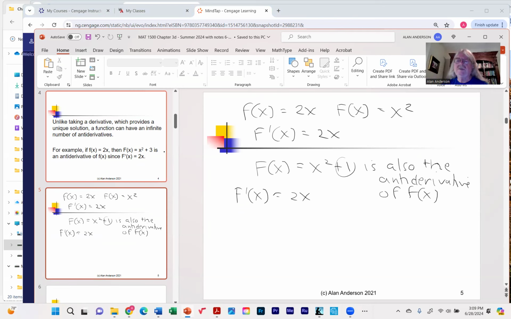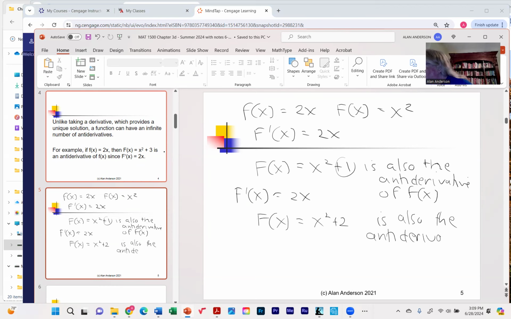Well, now that opens up the floodgates, because now you can make the case that x squared plus 2 is also the antiderivative of f of x.